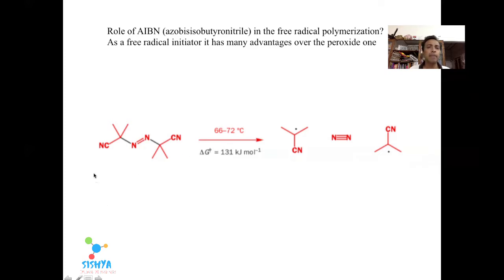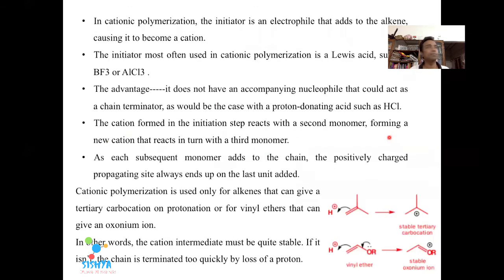Here I am showing the AIBN. When a temperature of about 66 to 77 degrees centigrade is applied, it forms free radicals, one here and another one here. That is the role of it: simply to generate the free radical for polymerization.